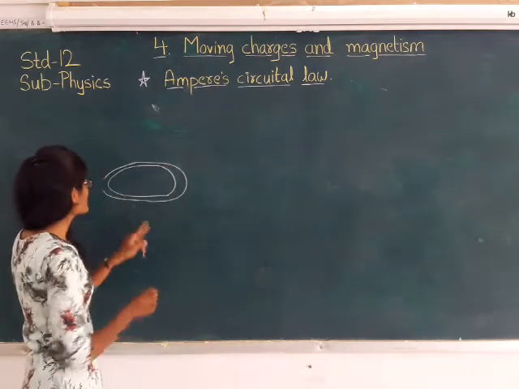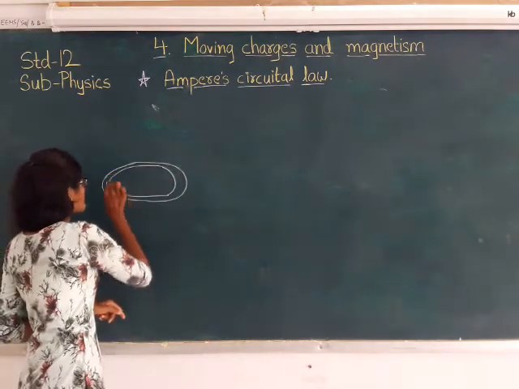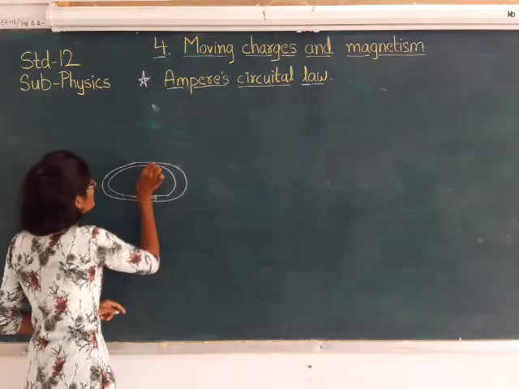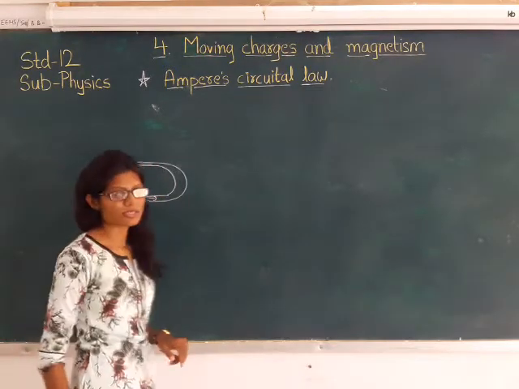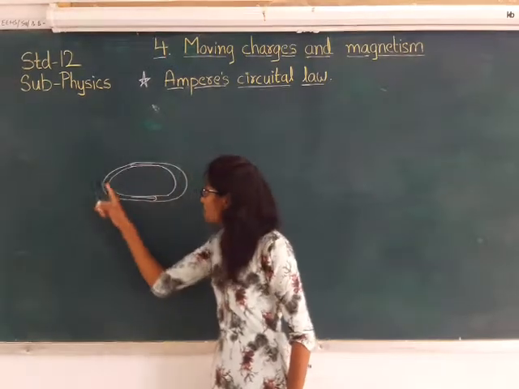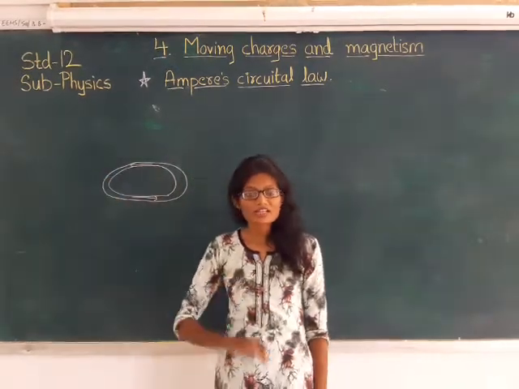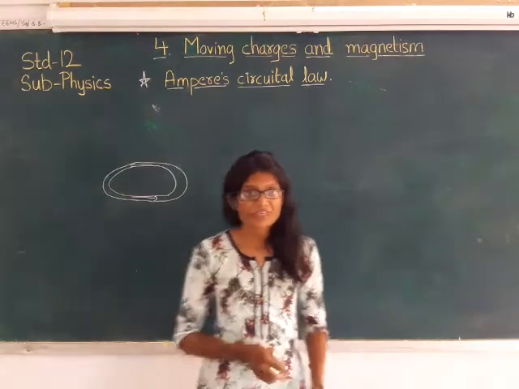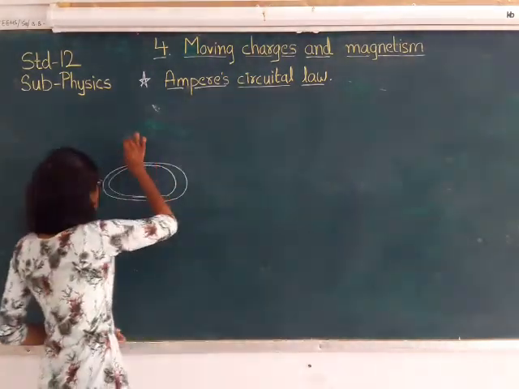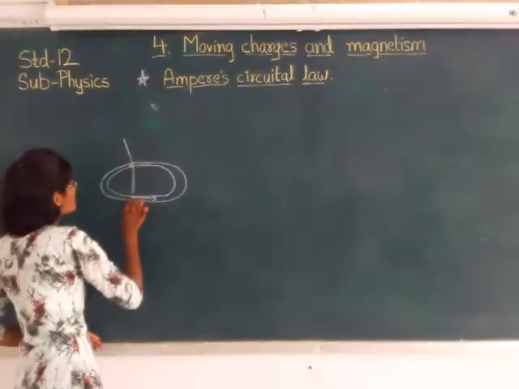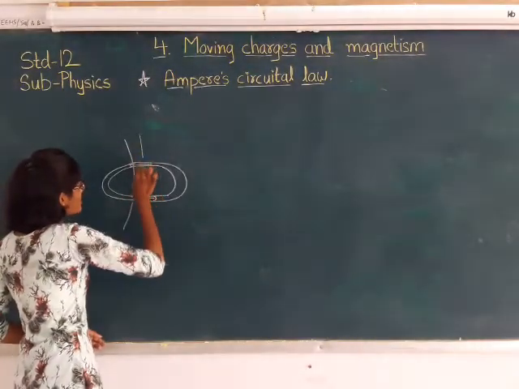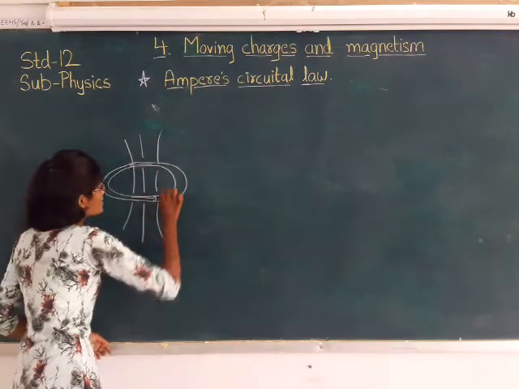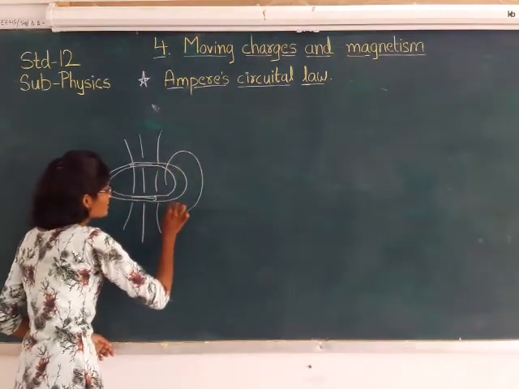Now instead of this straight wire, let us take a circular wire. This wire takes a circular form and forms a closed loop, and current is passing through it. It is obvious that the magnetic field is going to be generated around it.